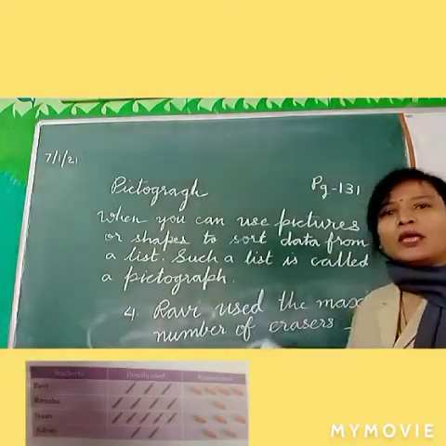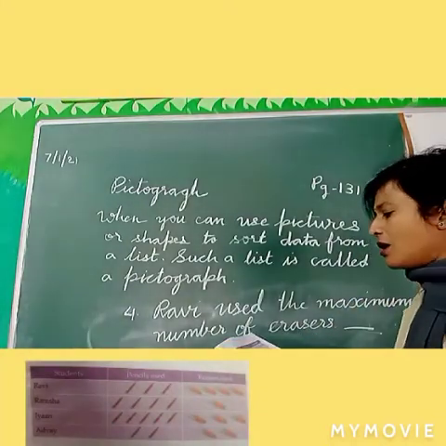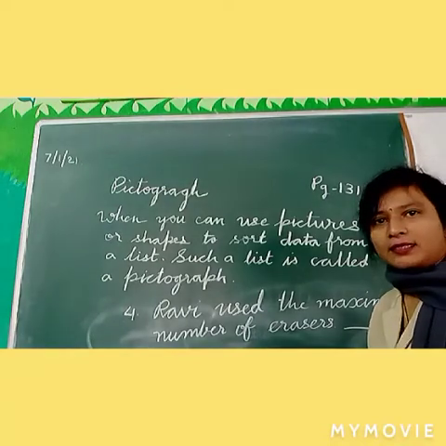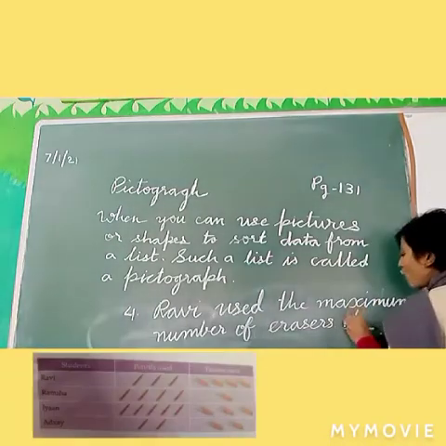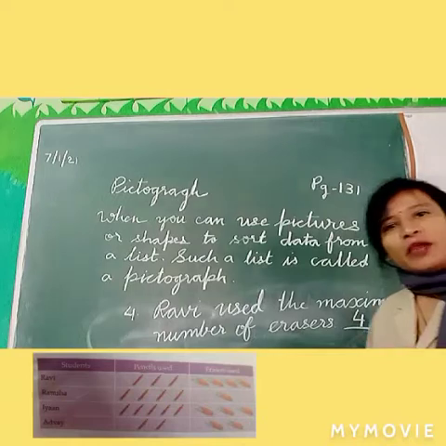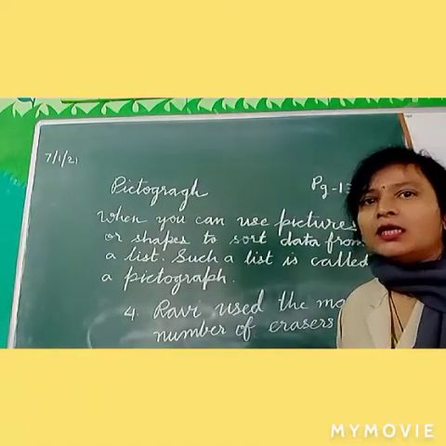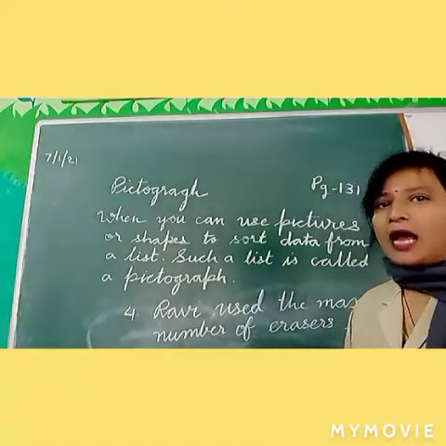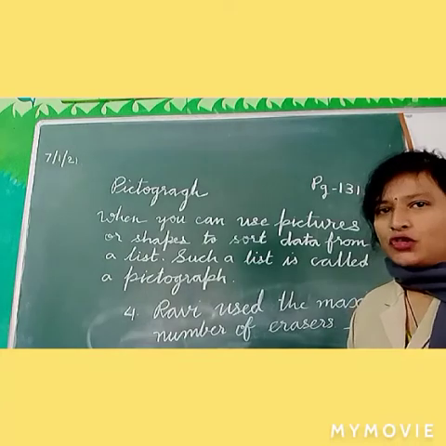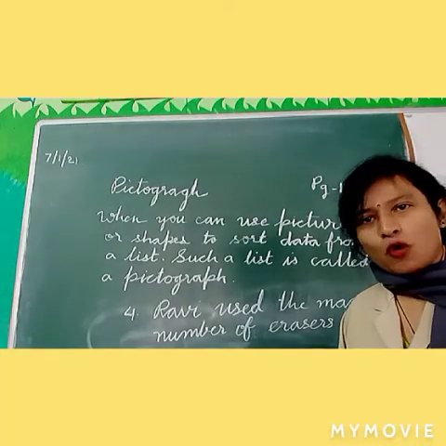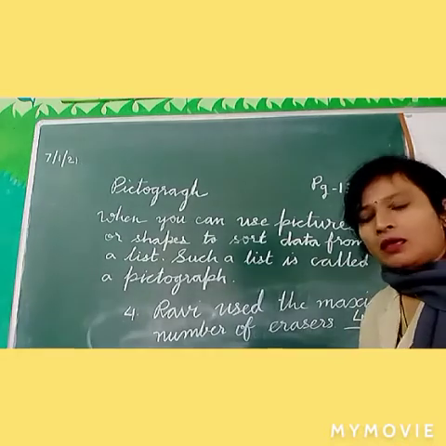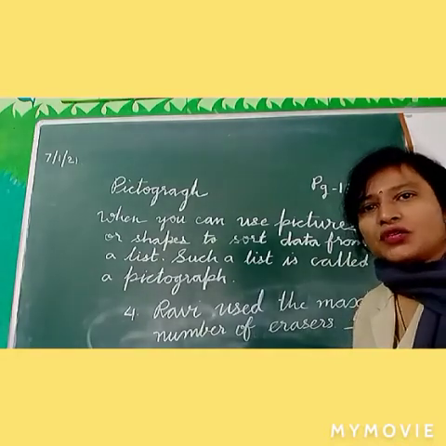Now you can see in the column, Ravi has used 4 erasers. So you will write here 4. Pictograph is very easy. Just see the given picture and answer the questions asked in your book. Okay. Now come to the next question.